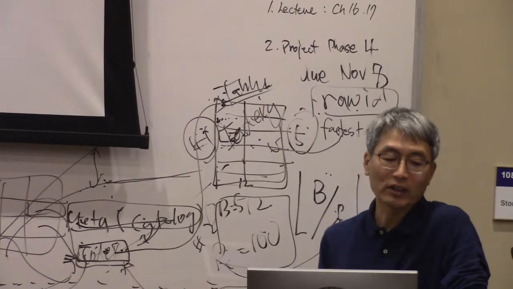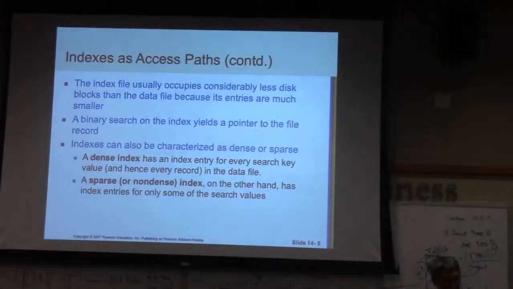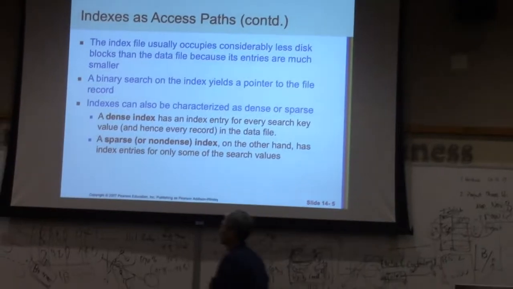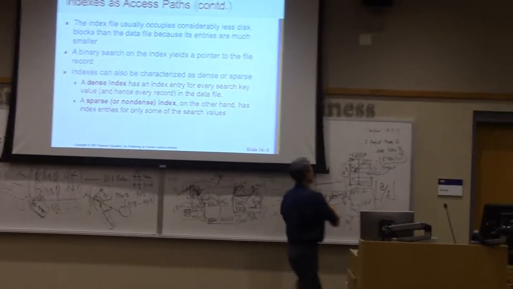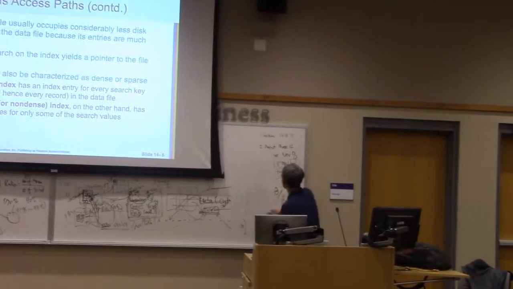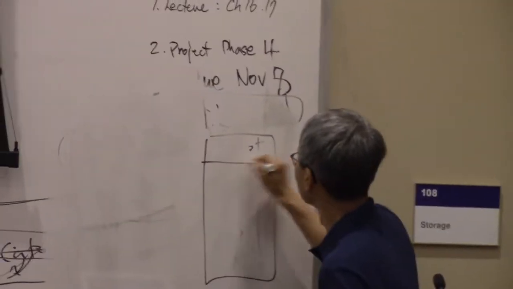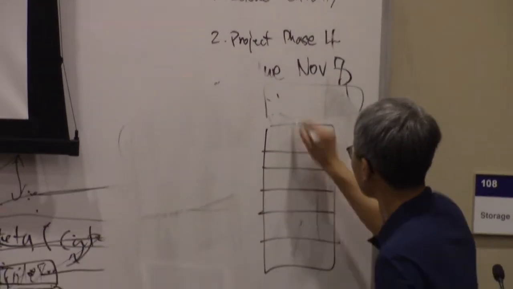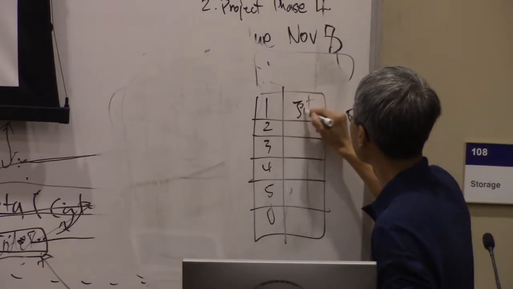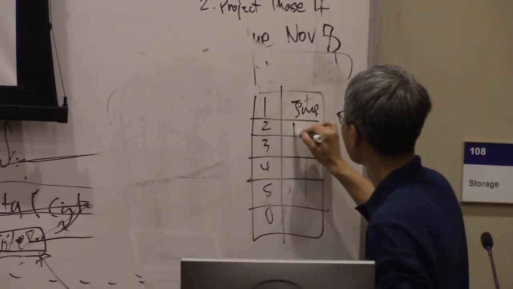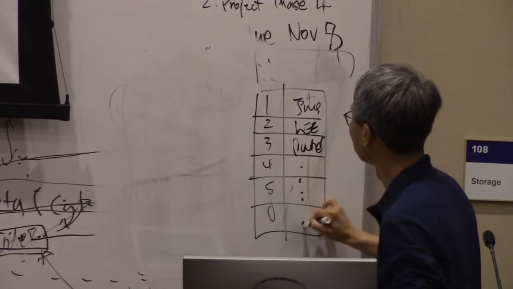The first one is a dense index. Dense index means, so we have the table. So student ID is 1, 2, 3, 4, 5, 6, and James, and Lee, and Patel, and so on.